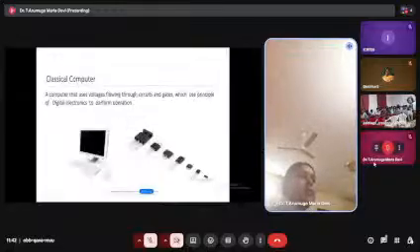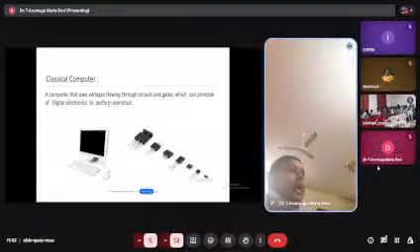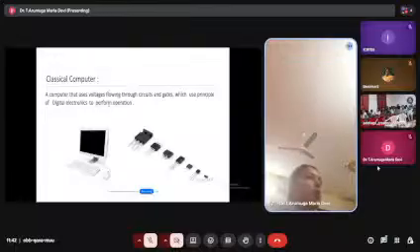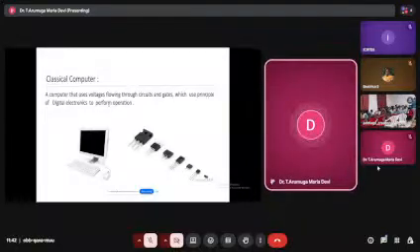Next, when you compare the classical computer with respect to the quantum computer, the classical computer uses the voltages flowing through circuits and gates, which use the principle of digital electronics that will perform some operations like this, which is transistor based.